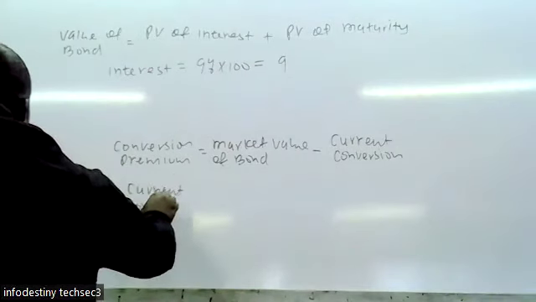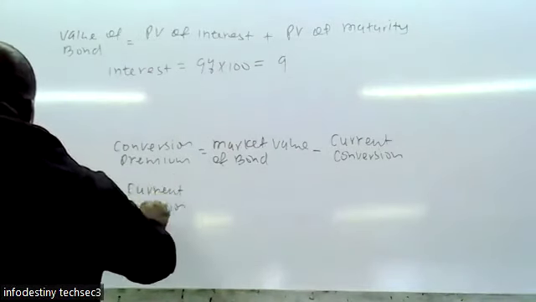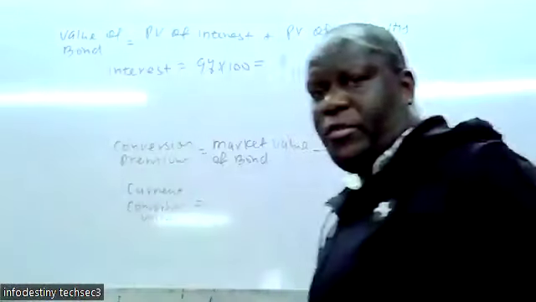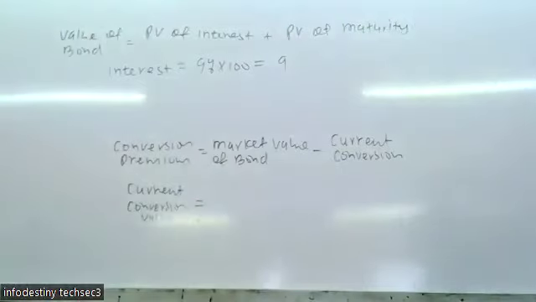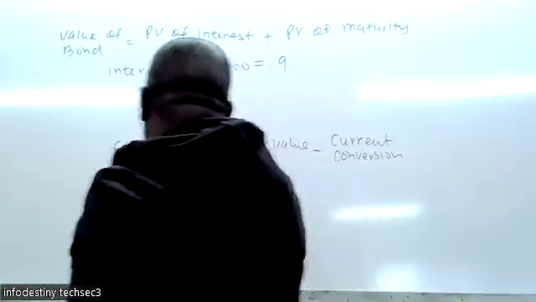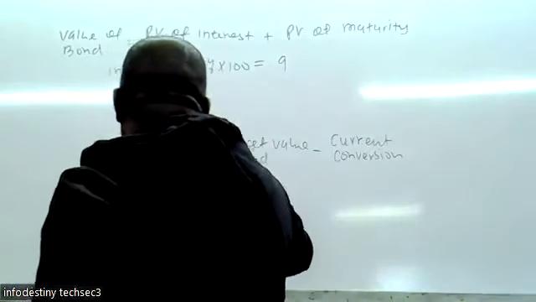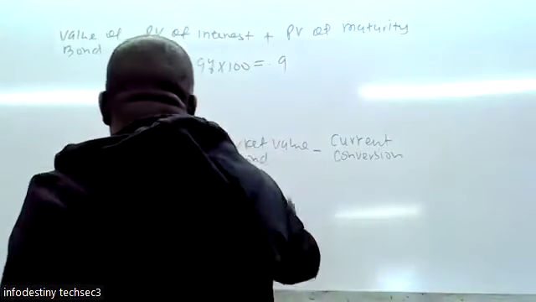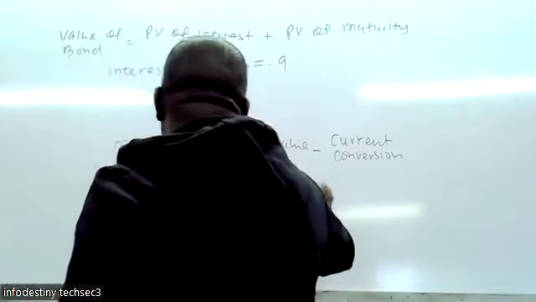So to get the current conversion value, you simply take the number of ordinary shares multiplied by the current market price per share. The number of ordinary shares is 20, multiplied by 4.45.